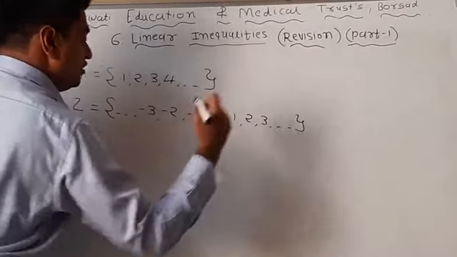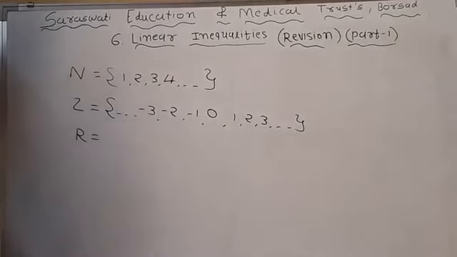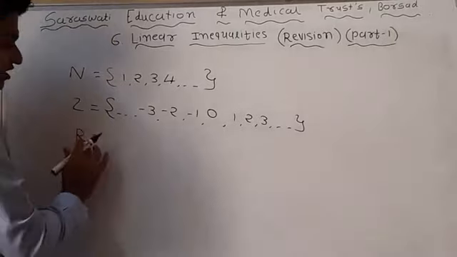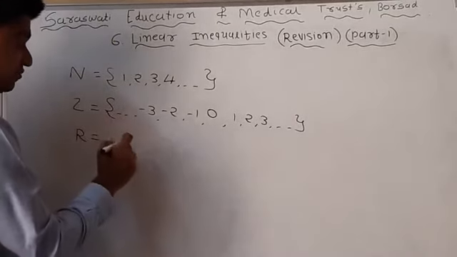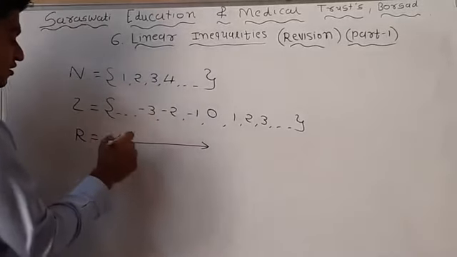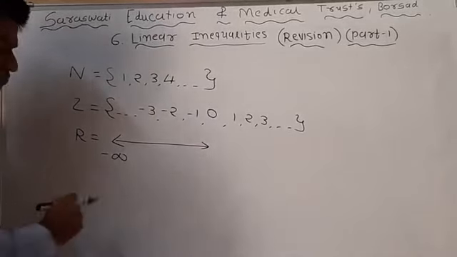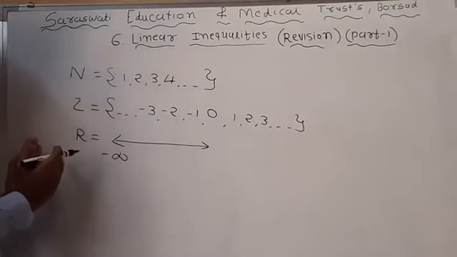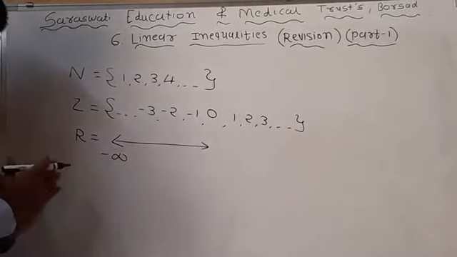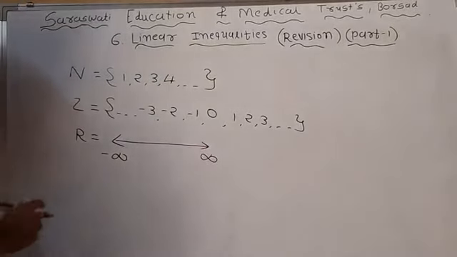Okay, now R means real numbers. A real number can be represented on a number line. Here we mention minus infinity on this side and infinity on the other side.